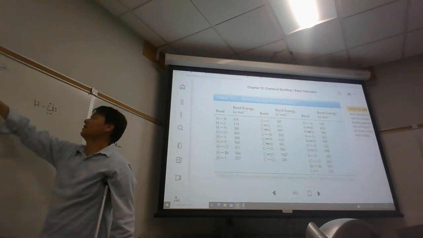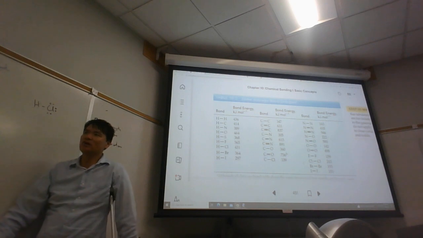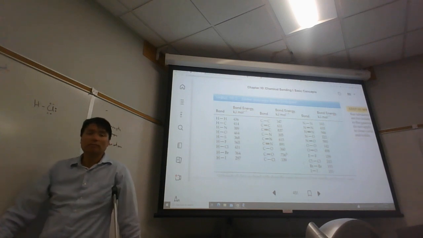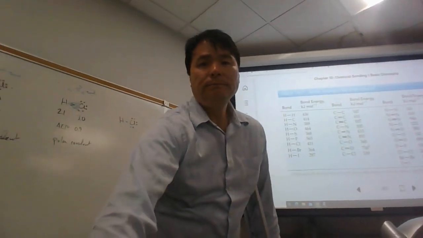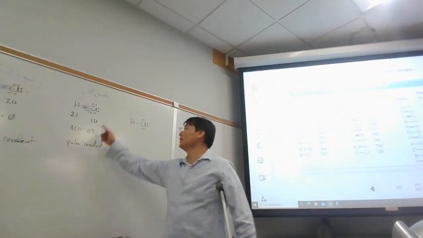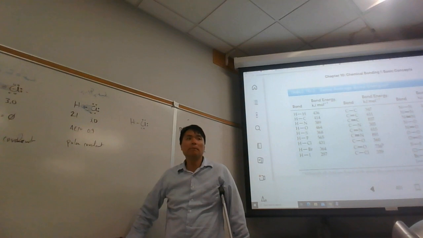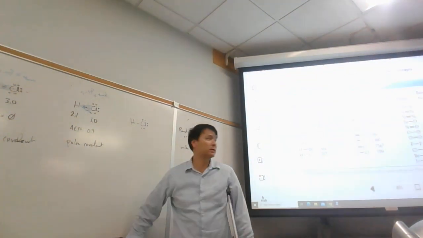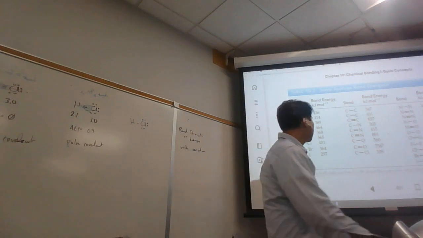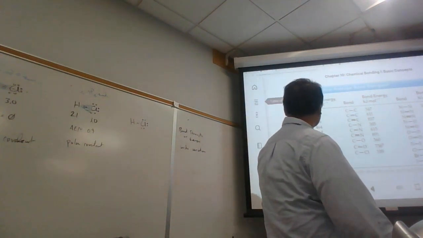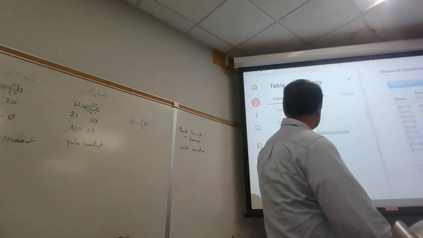One way is like this, where the electron cloud has been distorted. Another way of showing this is by using an electrostatic potential map. The electrostatic potential map has this color coding system.